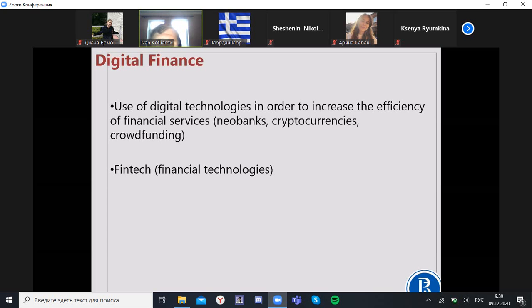Crowdfunding, guys. I guess you have heard about this phenomenon, but maybe someone can provide us with a definition. Ladies and gentlemen, what is crowdfunding? Guys, please try to participate. I was talking about crowdfunding in my presentation about protests.